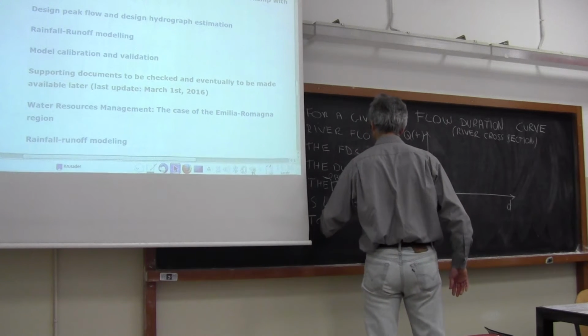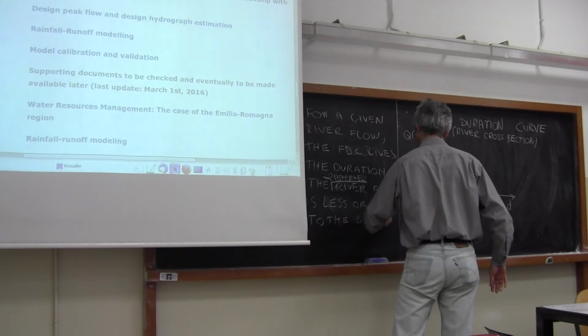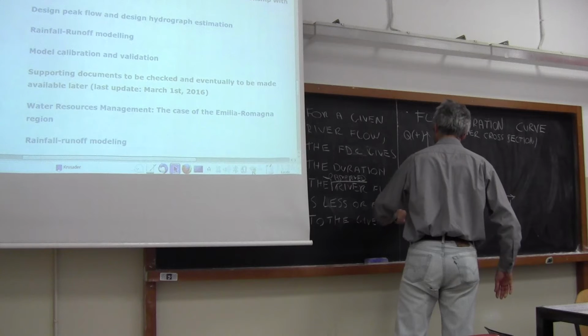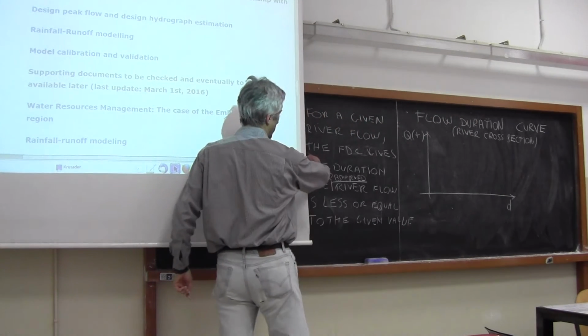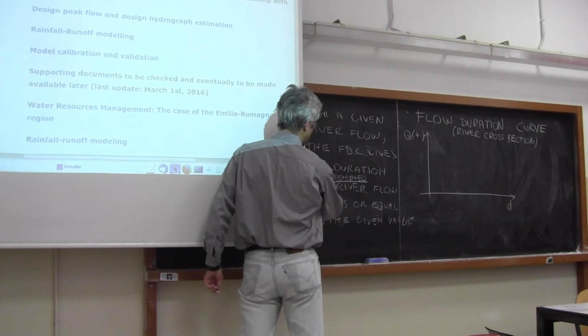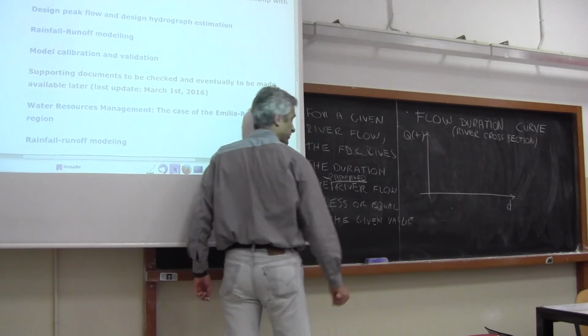I'm repeating now, because now it's correct. So, for a given river flow, the flow duration curve gives the duration the observed river flow is less or equal to the given value.